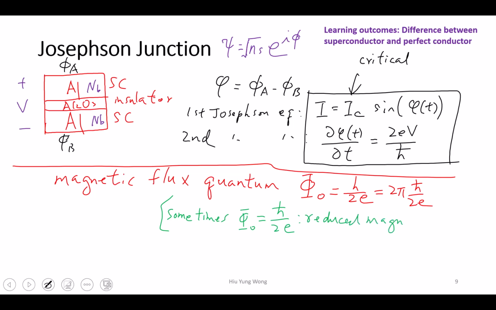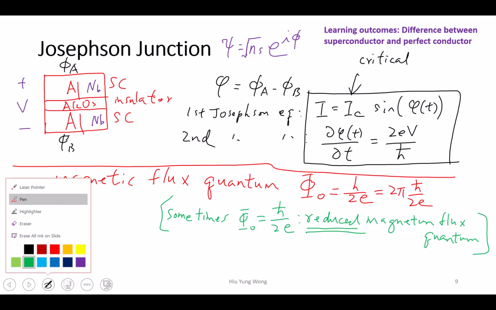This is just all convention. When you read a paper or a textbook, depending on what they are using, they have the same symbol. The only difference is one is divided by 2 pi, but obviously they have two different names. One is called the reduced magnetic flux quantum, and one is not. So you just be aware of that and check it when you see this problem, okay?